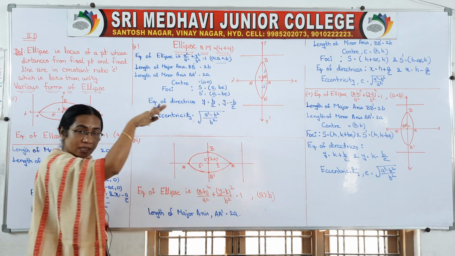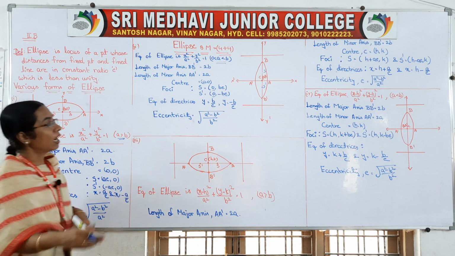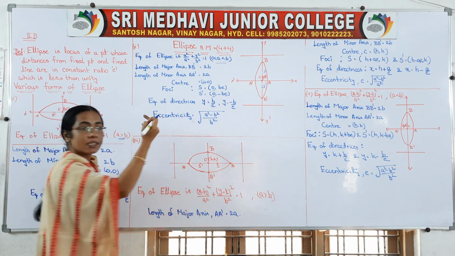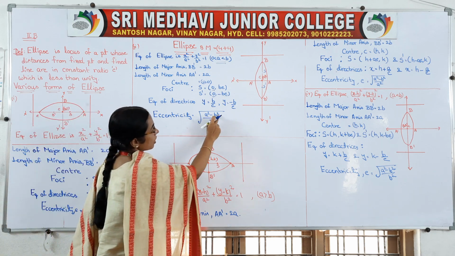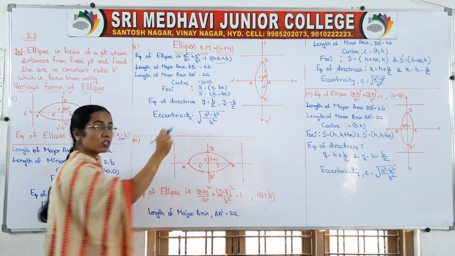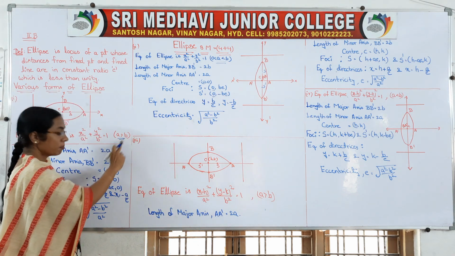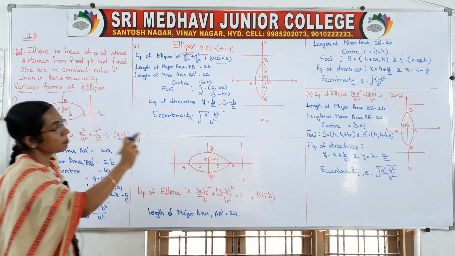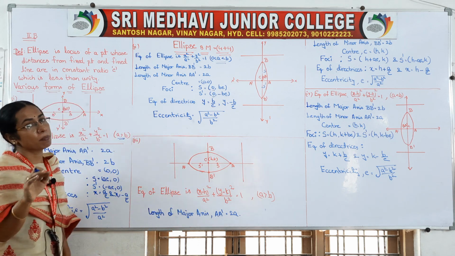One directrix is below the x-axis, that's why it is negative. Okay, and now come to the eccentricity. The eccentricity, the small letter e, is root of a square minus b square by b square. Now here you got a square: whenever a is greater than b, downwards you will get a square. If a is less than b, downwards you will get b square. Like that you have to remember.